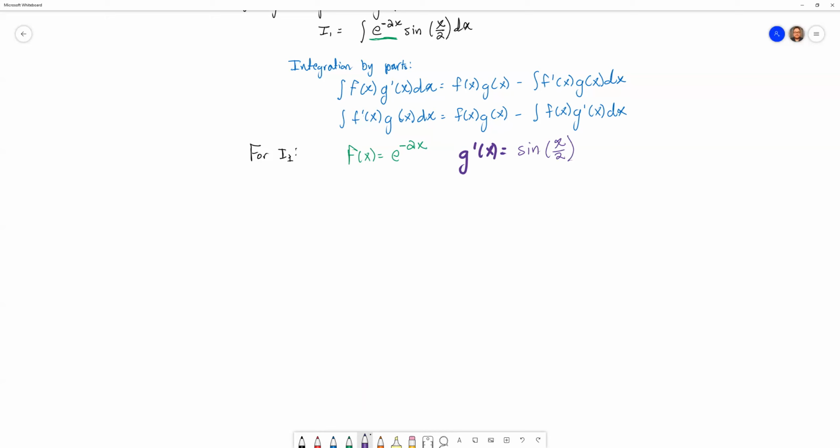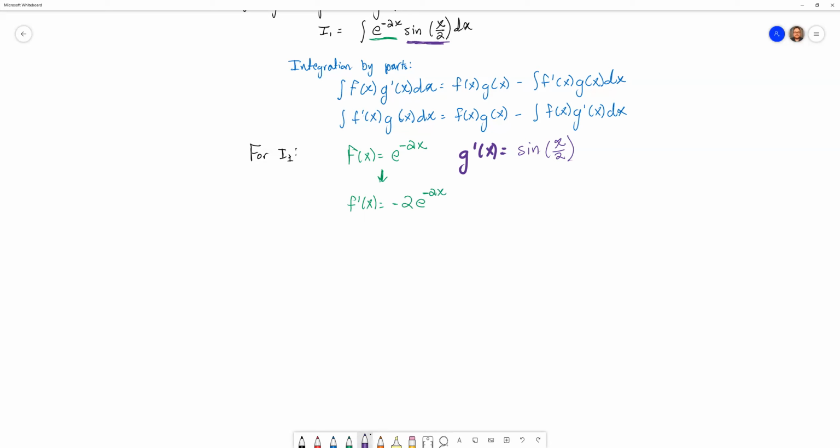Before we can get going on that, it is easier if you determine the derivative of f at x. F prime at x is going to equal, we know that if we ever have e to the x, its derivative is just the same function, but because there's a function contained within it, we're going to be using chain rule. So it will be minus 2 e to the minus 2x.